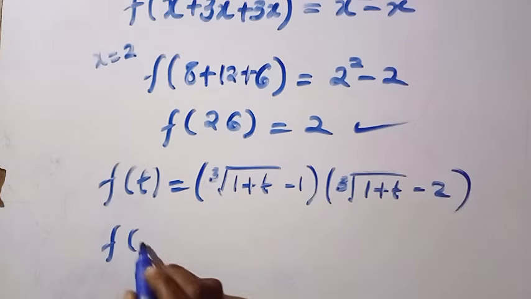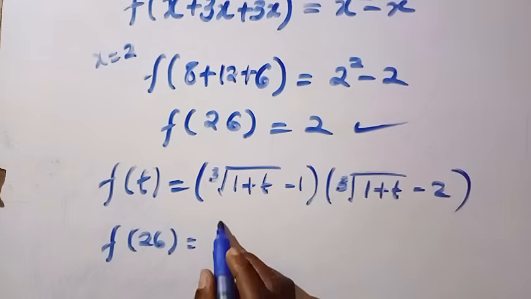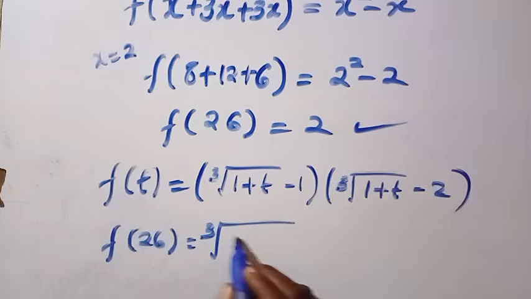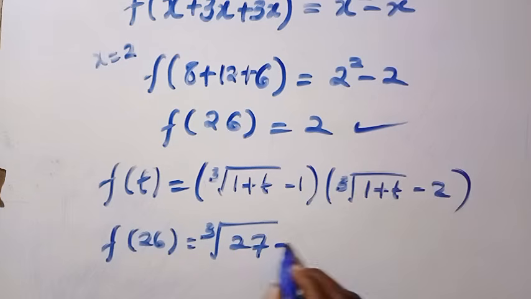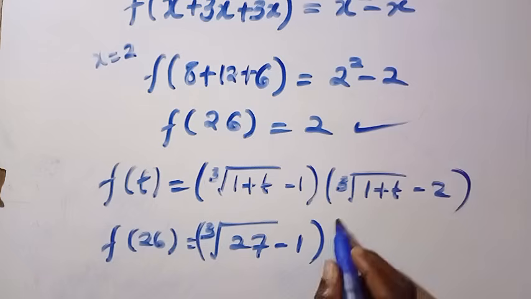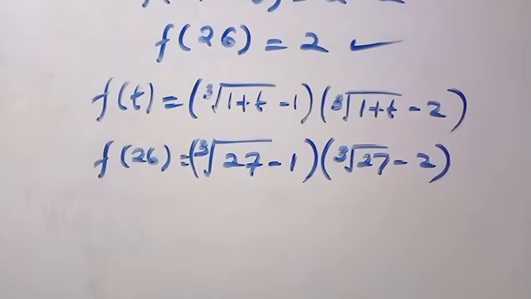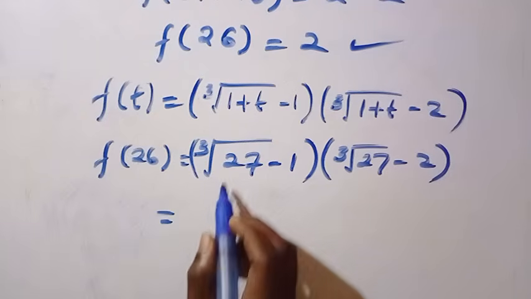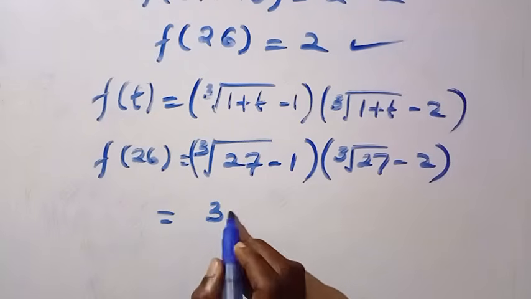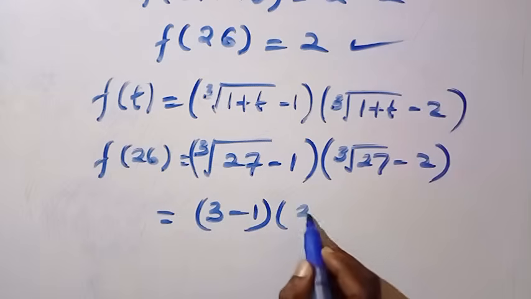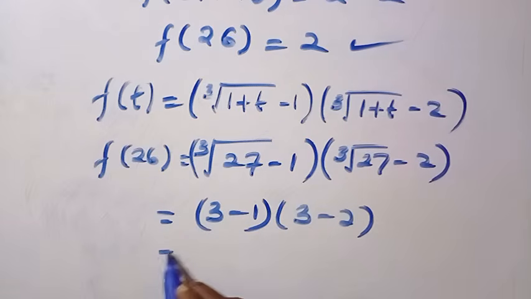If t is 26, we have (the cube root of 27 minus 1) multiplied by (the cube root of 27 minus 2). The cube root of 27 is 3, so we have (3 minus 1) multiplied by (3 minus 2), and this is 2 multiplied by 1, that is 2. Both of them are equal, which proves it correct.